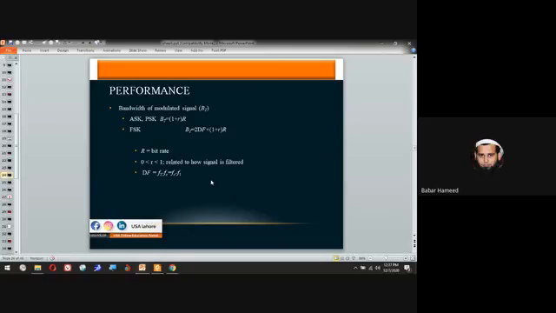Typically the value of small r is 0 to 1. Thus bandwidth is directly related to the bit rate. The preceding formula is also valid for PSK.